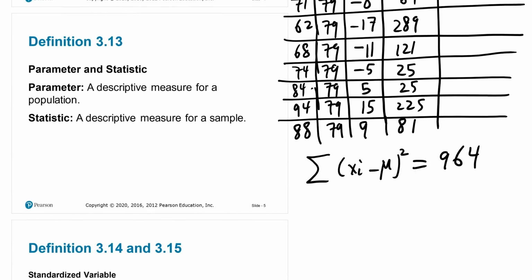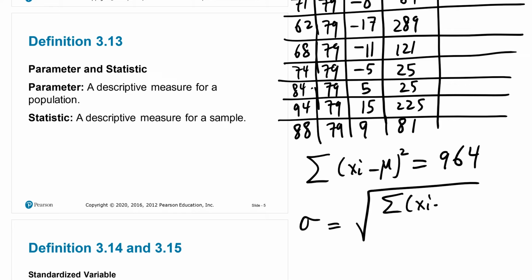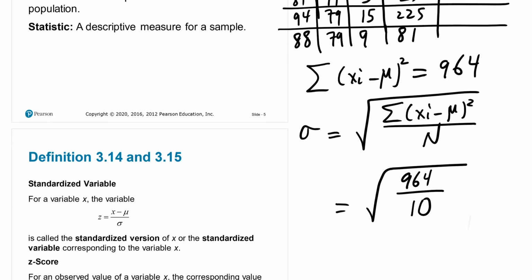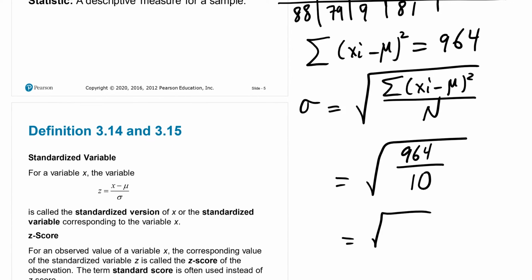Remember, I'm trying to find the population standard deviation, which is the square root of the sum of xi minus mu squared, all divided by capital N. This is the square root of 964 over N, and we had 10 observations. That gives me 96.4.